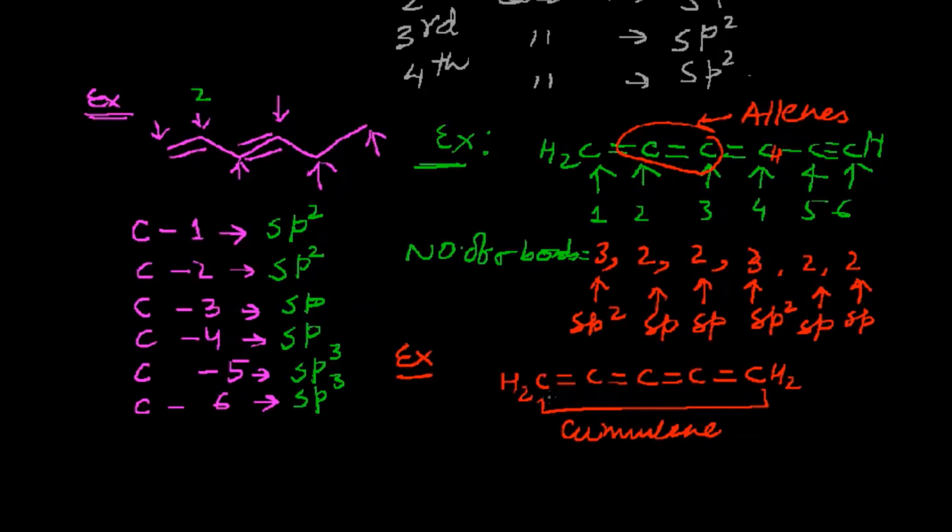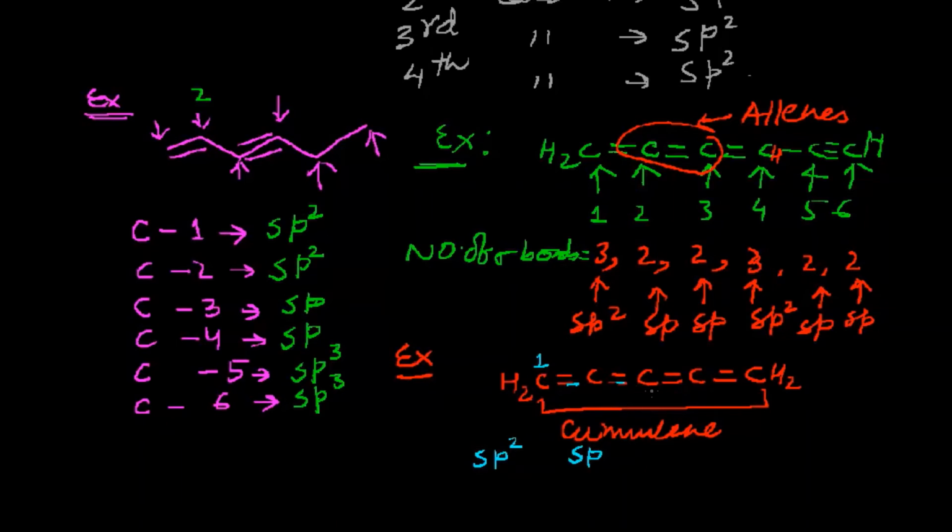So again the question is very easy, because you have to simply count the number of sigma and pi bonds, and when you have to identify the hybridization, for that we exclusively need only the number of sigma bonds. So in the very first case we can easily find out the number of sigma bonds. In the very first, this carbon would be 2 plus 1, 3, so it is sp2 hybridized. In second case it has 1 and another, so it has 2 sigma bonds, so it will be called sp.